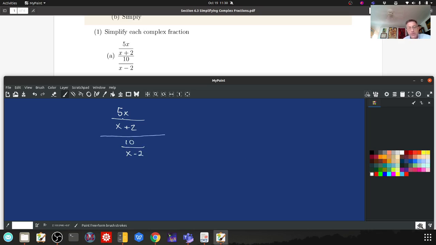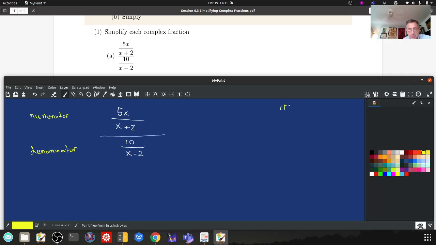So I guess the first thing to do is to take note of your main fraction. This is the fraction in your numerator. It's 5x over x plus 2. And the fraction in your denominator is 10 over x minus 2.